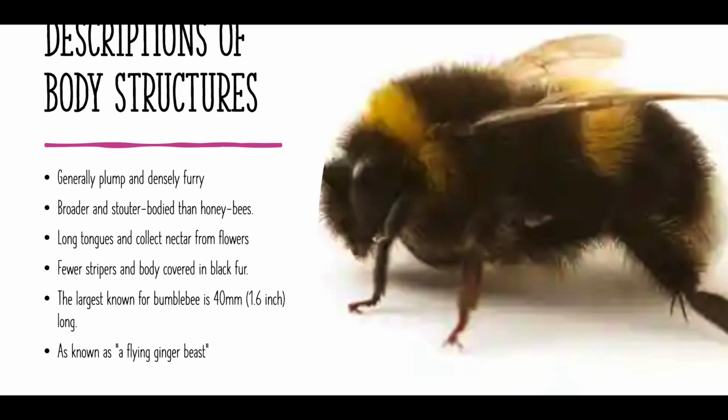Basically, they have more fur and bigger eyes, and they have a long tongue, and they collect nectar from flowers. They also have fewer stripes, unlike the honeybee, which has more stripes, and their body is covered in black fur. The largest known bumblebee is 1.6 inches, as far as I looked up on Google.